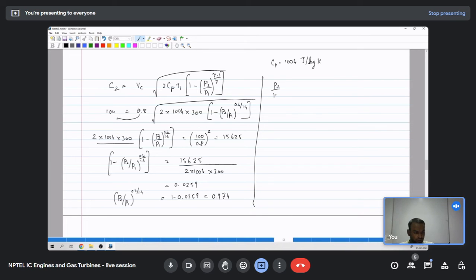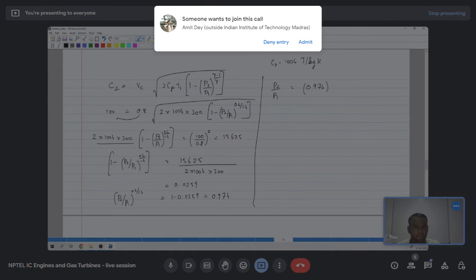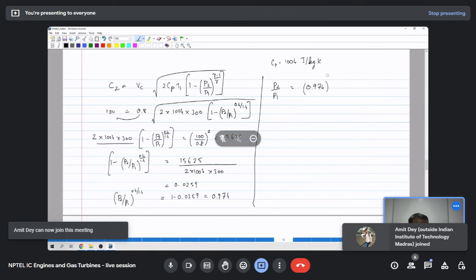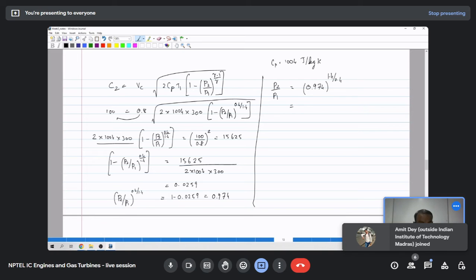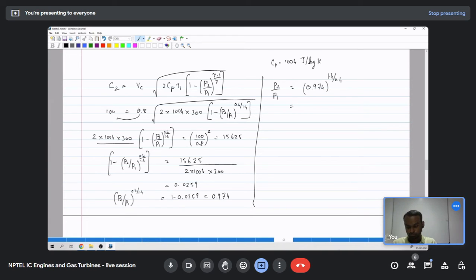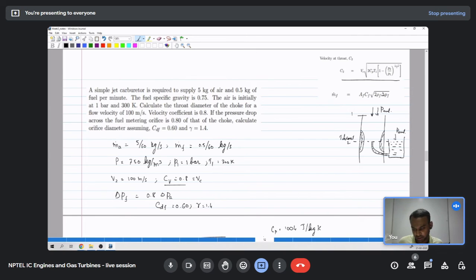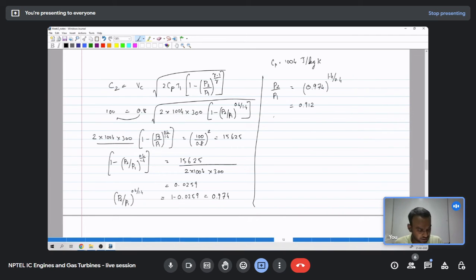P2 by P1 is 0.974 power 1.4 by 0.4. This is 0.912. We know pressure at state 1 is 1 bar, so that means P2 is 0.912 bar.